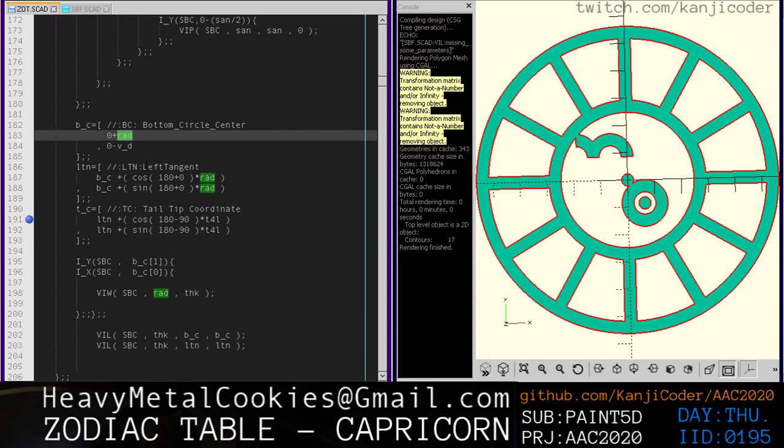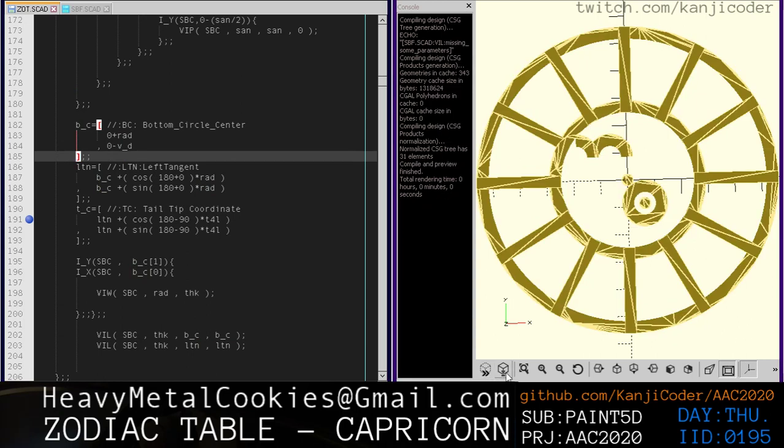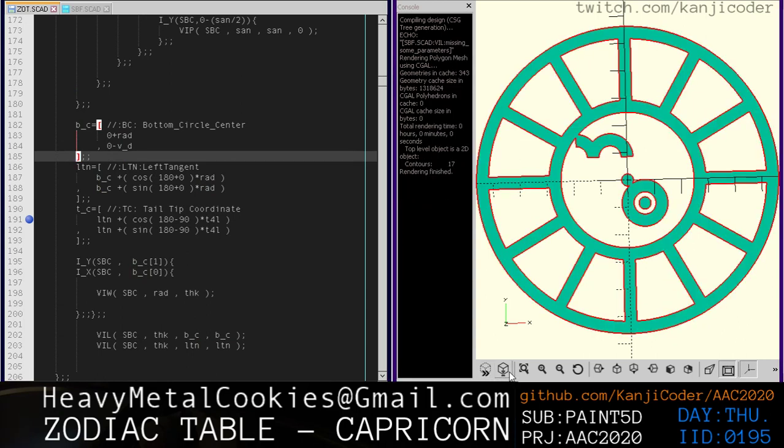So, plus radius, minus VD. VIL, missing some parameters. Oh, wait. What are we missing here?